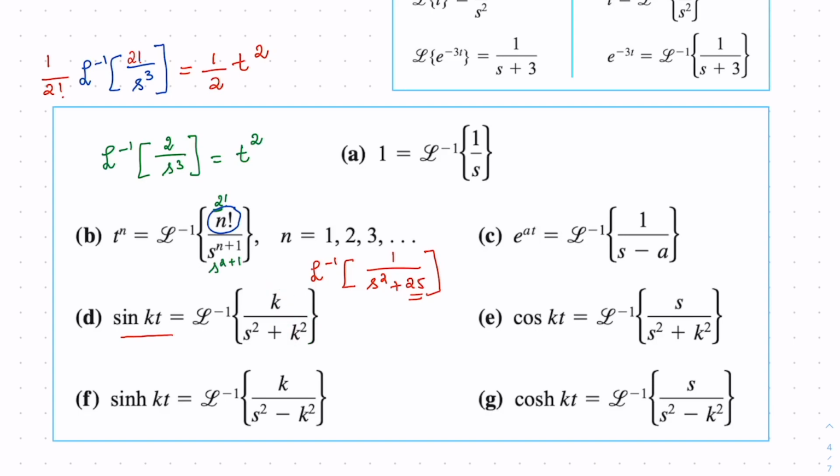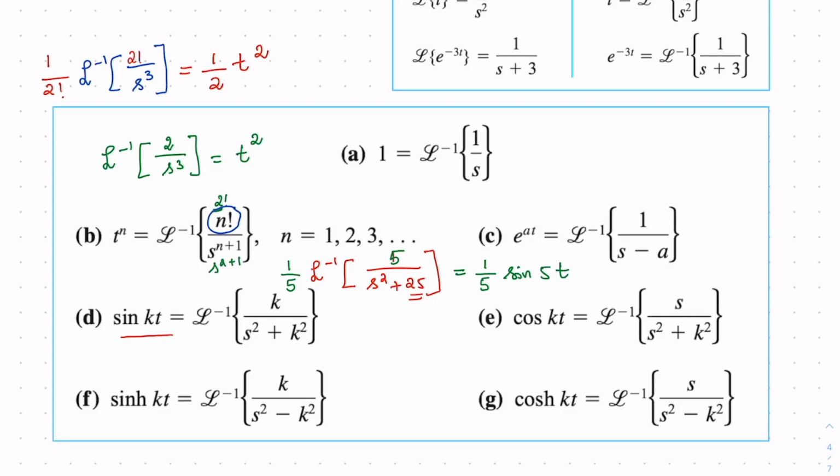Since we don't have that, what we are going to do is, we need to have a 5 over here, right? So to do that, we are going to multiply by 5, and then we're also going to divide by 5, and so therefore we can say that is going to be 1 over 5 times sine 5t, right?